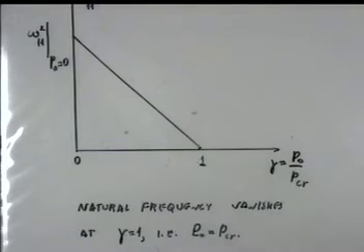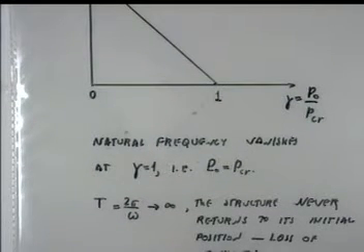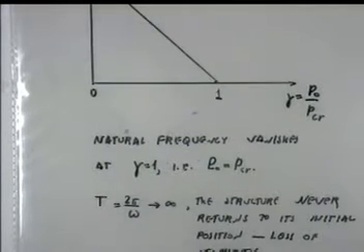Now, what does that mean? What is a period? Period is 2 pi over omega, where omega 1,1 should be written there. Period is a time span in which the system comes back to its original state.